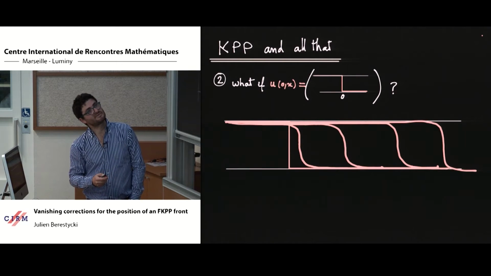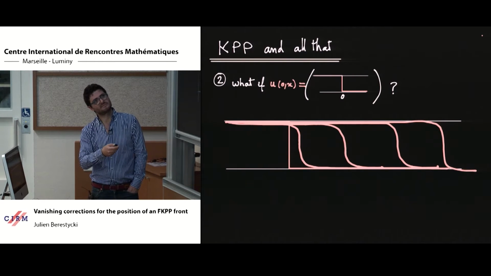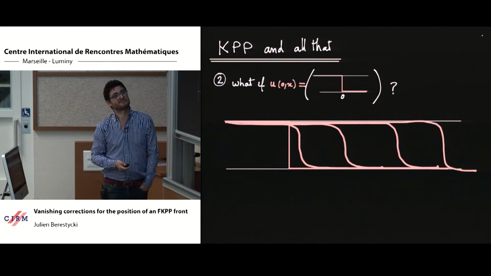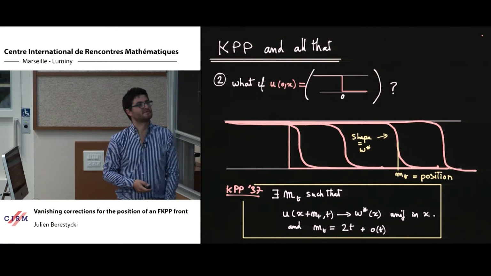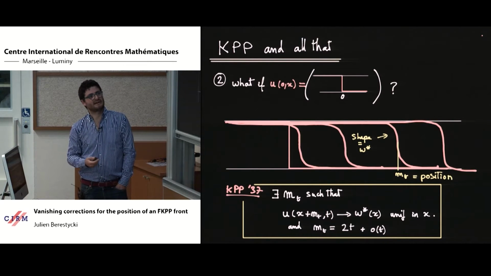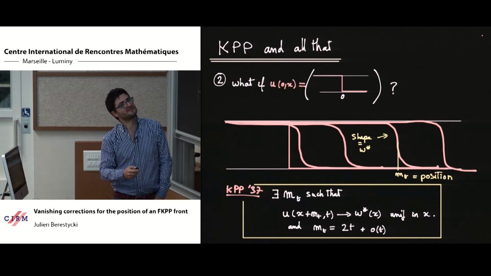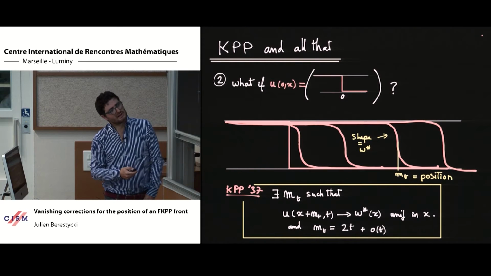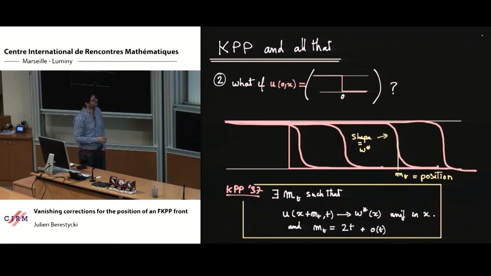And this shape, if you do the simulation, you see that it really looks like a constant shape, and the speed looks like it's going to be 2. And in fact, this is the case, and it's also in this original seminal paper of 1937, that there exists some centering term, m_t, such that if you look at your solution, started from this special Heaviside initial condition, and you look around this magic position m_t, what you see is that you're converging to a limit shape, which I'm going to call W star of x.